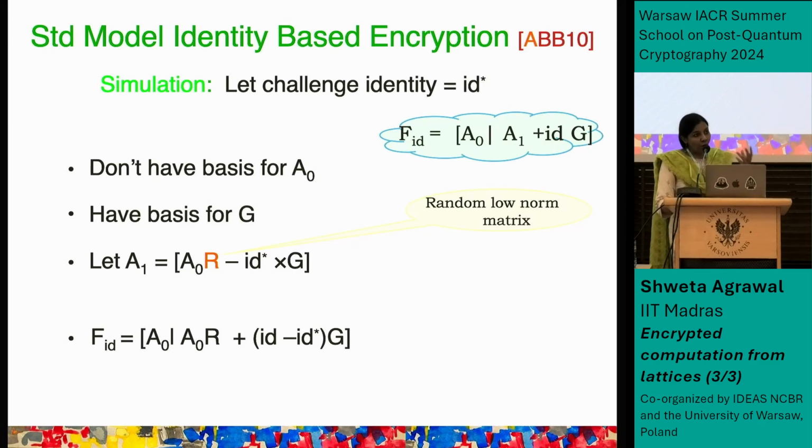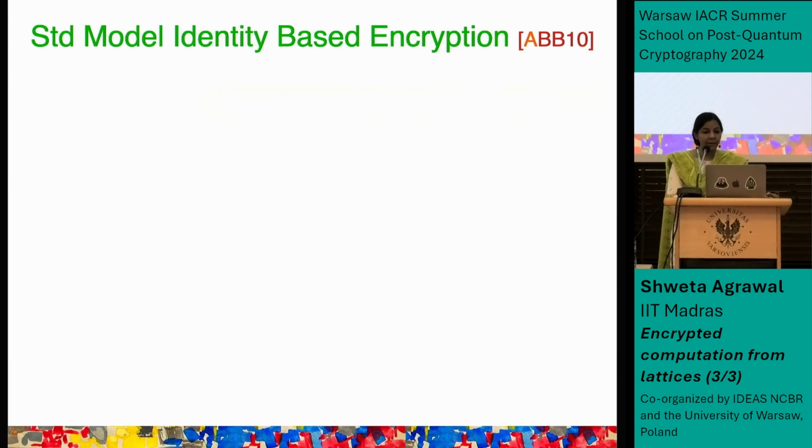In order to answer the queries of the adversary, I'm choosing my matrix A in a special way. It's the same scheme, but this is the proof. I'm changing things in the proof in a way that allows me to do what I want. Whatever changes I make should be indistinguishable to the adversary. So in particular, in the real world, I picked my A1 randomly.